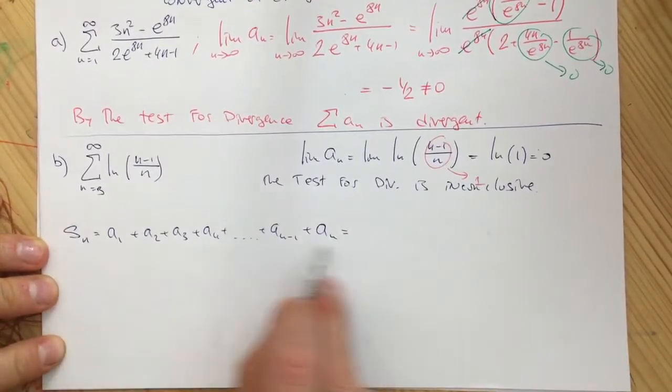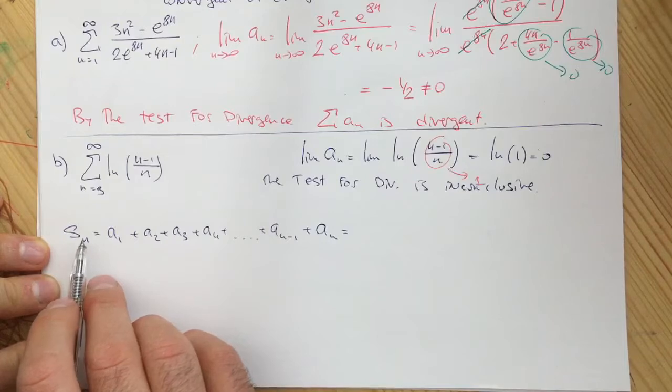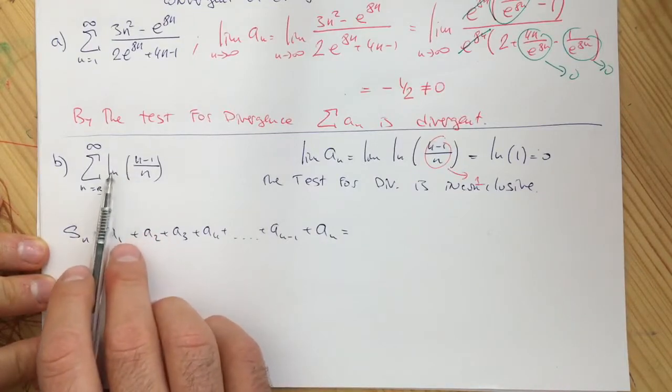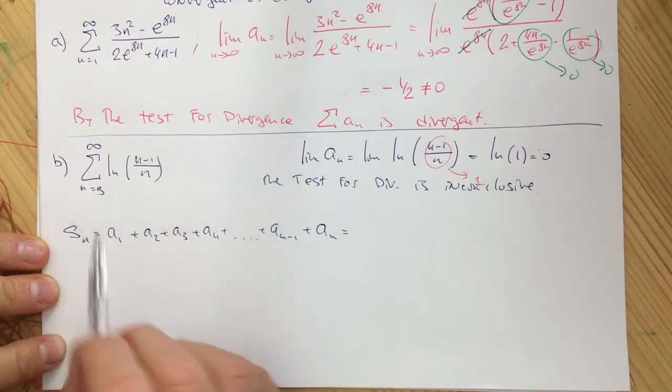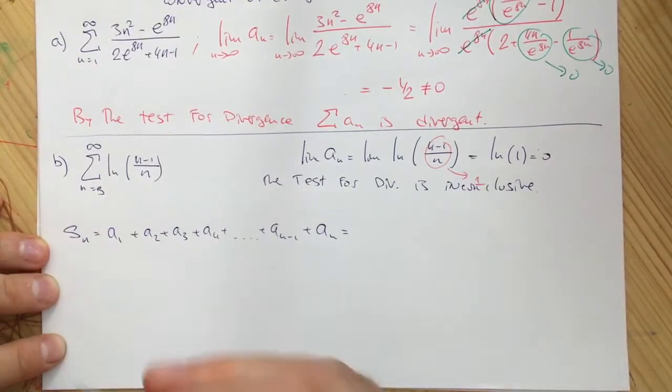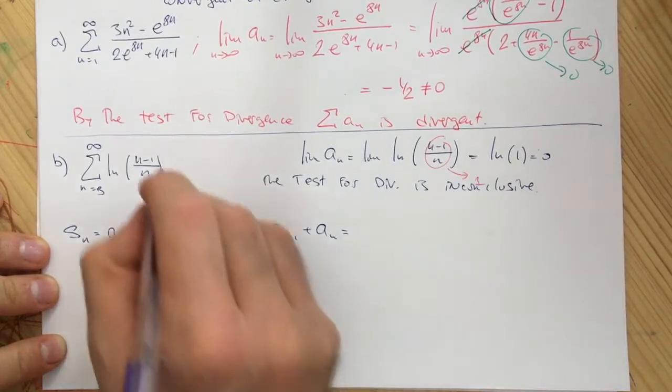Now we're going to expand this, but before we do that, I need some explicit difference in an. So an needs to be written as bn minus 1 minus bn, let's say, or some version of that.